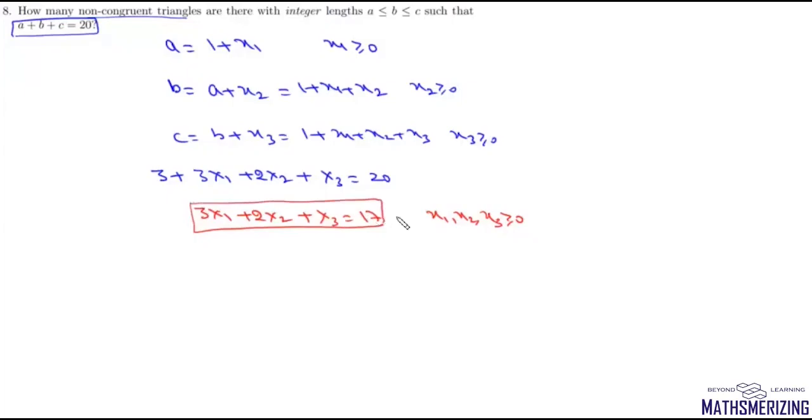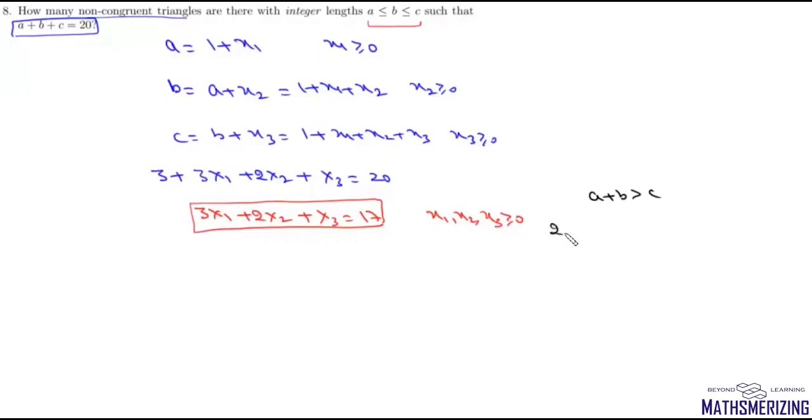Now we'll need one more condition, that these three lengths form a triangle. Three numbers form a triangle if they satisfy the triangle inequality, which is that the sum of two sides must be greater than the third side. So we also need a plus b greater than c. Now what's a plus b?